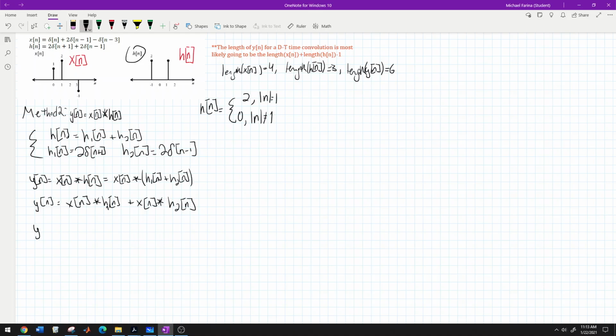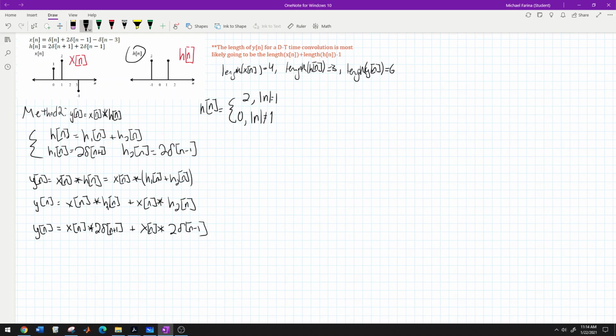So we're going to get y of n is equal to x of n convolved with 2 delta n plus 1, plus x of n convolved with 2 delta n minus 1.